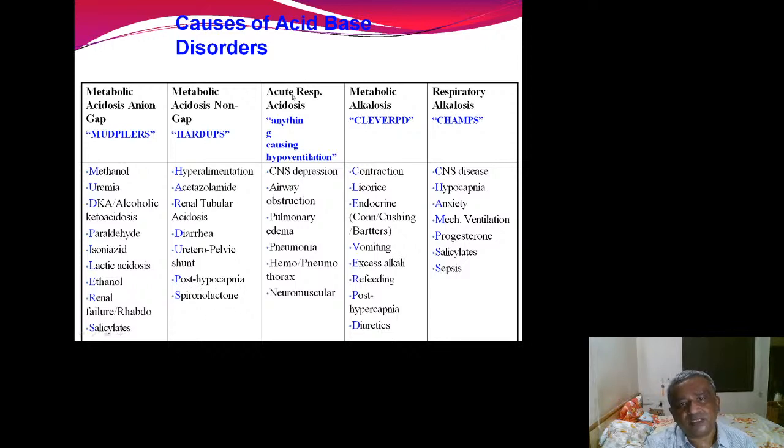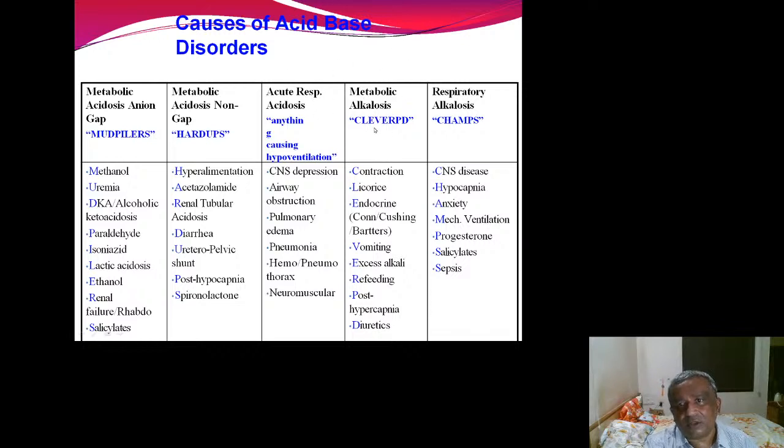Acute respiratory acidosis is anything causing the hypoventilation: CNS depression, airway obstruction, pulmonary edema, whatever is retaining the CO2, pneumonia, pneumothorax, COVID-19, neuromuscular problems like myasthenia gravis. They all can retain CO2 and cause the respiratory acidosis.